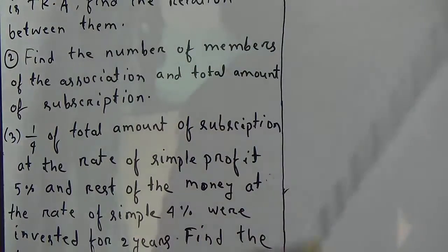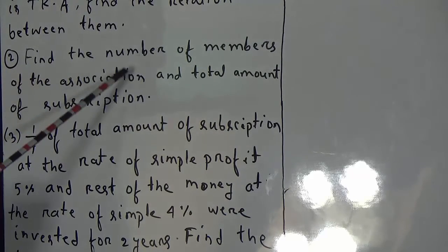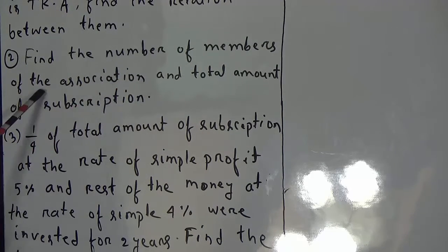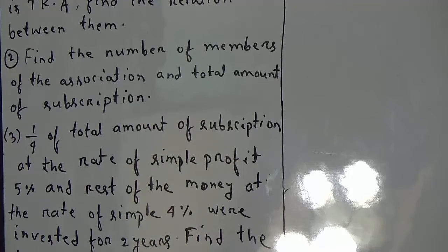At first, we'll read the question. Here, in 2 number question, it is said that find the number of members of the association and total amount of subscription. In 1 number, we have considered number of members is X, and on that case, we have got total amount of subscription was 100 x squared. In the question, it is said that, but 4 members did not subscribe.